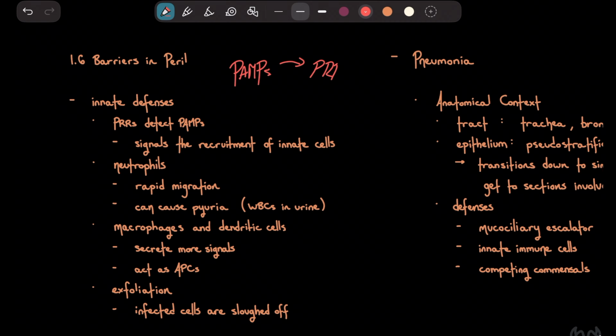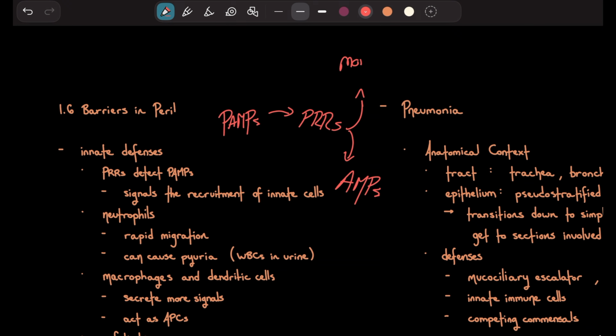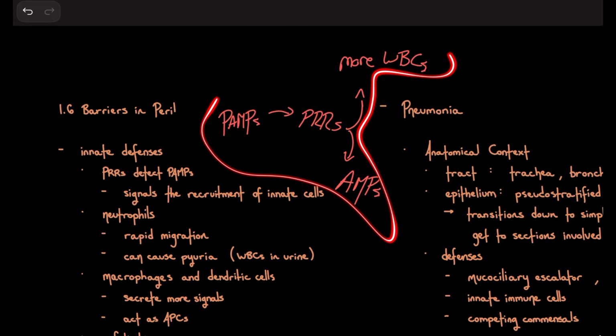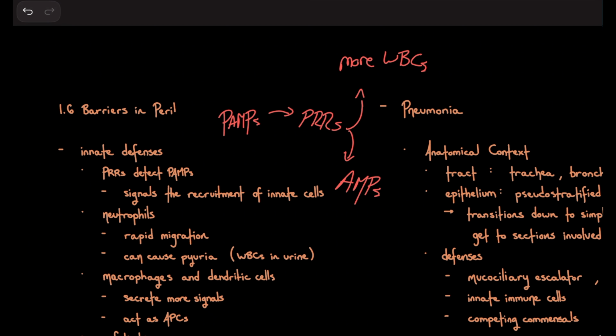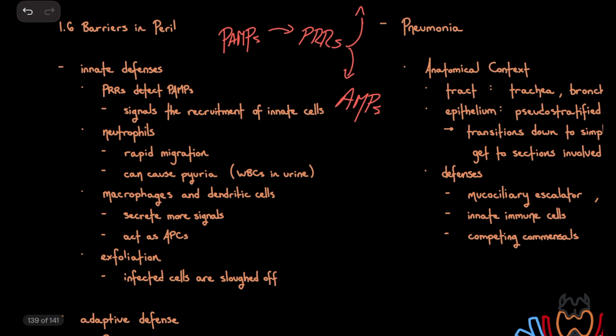And then hopefully those PAMPs are detected by the PRRs. And then those PRRs cause the secretion of AMPs, or we bring more white blood cells, more immune cells. That's the main deal that we want here. All right, so we get AMPs secreted and we get more innate immune cells.